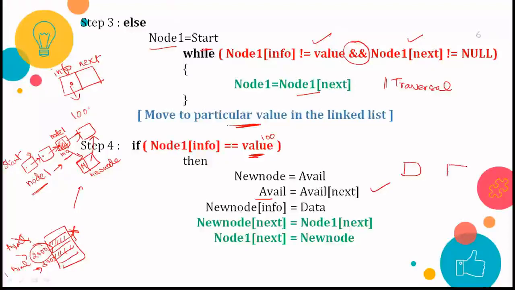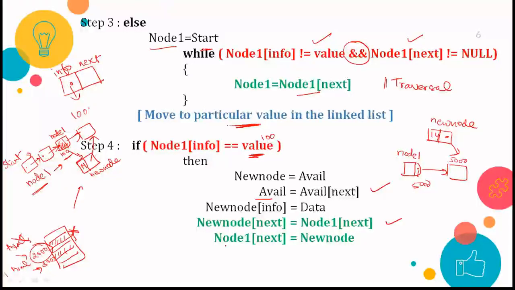Earlier there were two nodes connected, and this is node 1, right? Node 1 next was containing the address of this node, and now we have taken a new node here. New node information will contain the data. We have inserted 14 here, and new node next will contain the address of node 1 next. Let's say this address is 5000, which is stored here in node 1 next. So new node next will contain 5000.